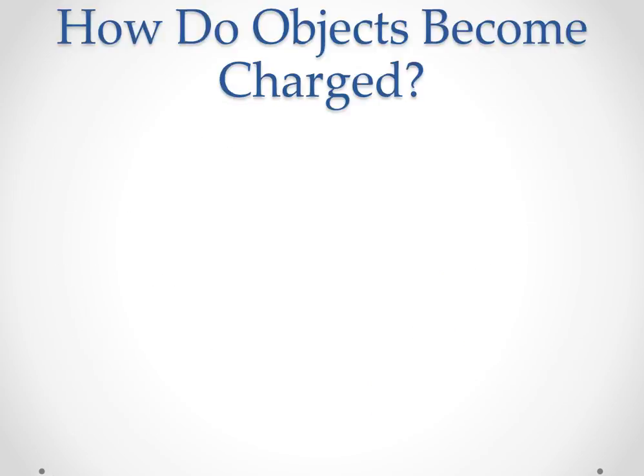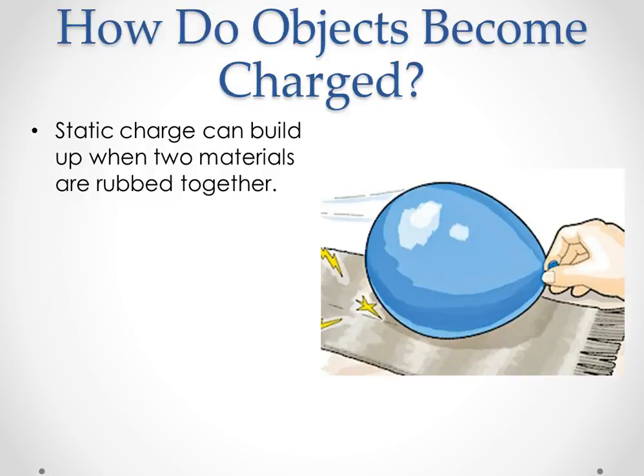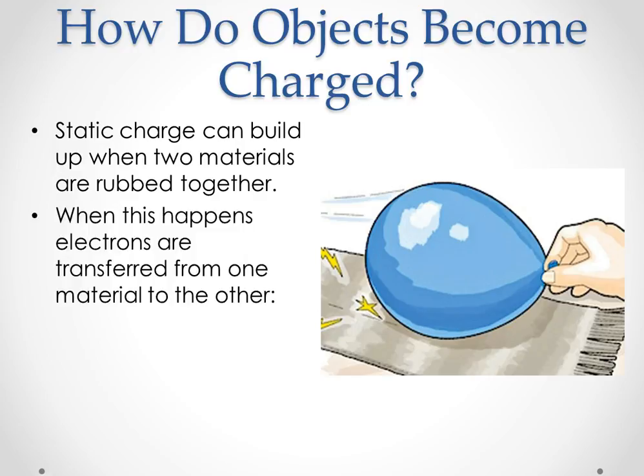How do objects become charged? Well, static charge can build up when 2 materials are rubbed together. Here you see a picture of a balloon rubbing against a wool piece of cloth. When this happens, electrons, those things that circle around the nucleus of the atom, are transferred from one material to the other.